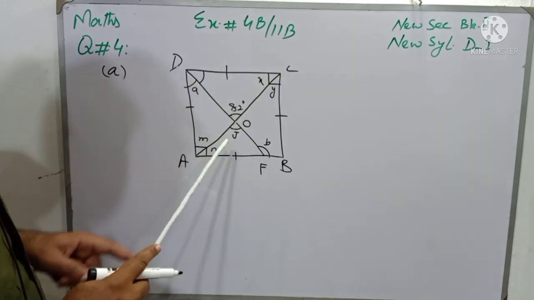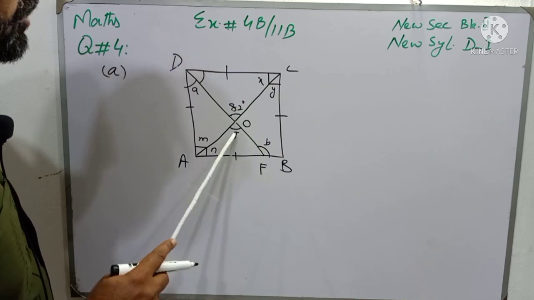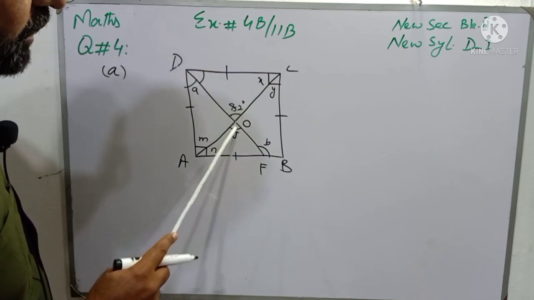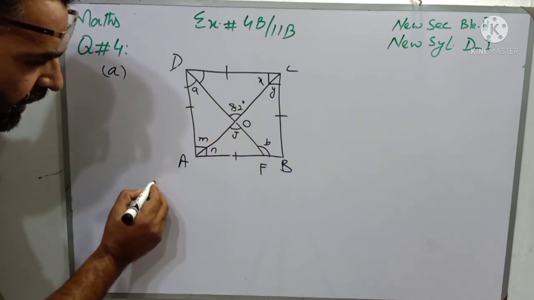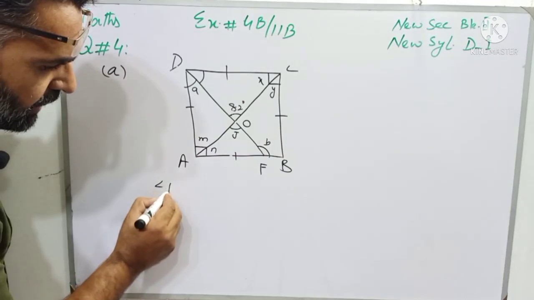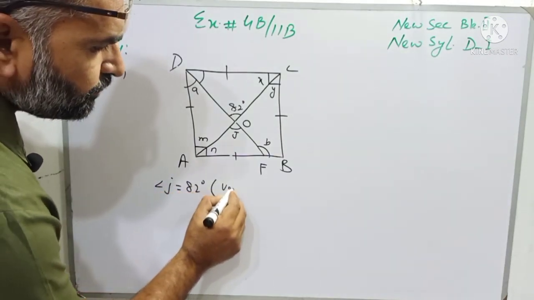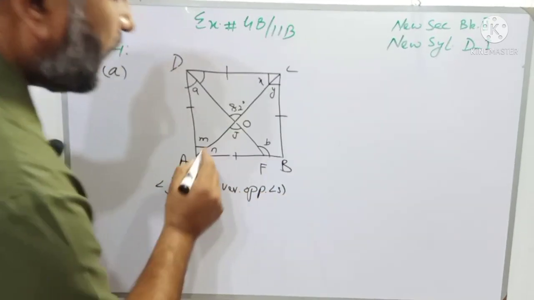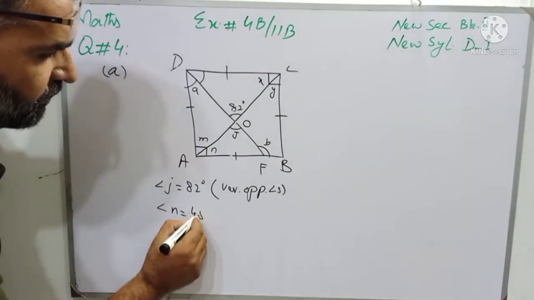DOC. First we will discuss triangle AOF, and this angle J is equal to 82 degrees because both are vertically opposite angles. So first I will write angle J is equal to 82 degrees, and the reason is vertically opposite angles. And students, angle N is equal to 45 degrees.